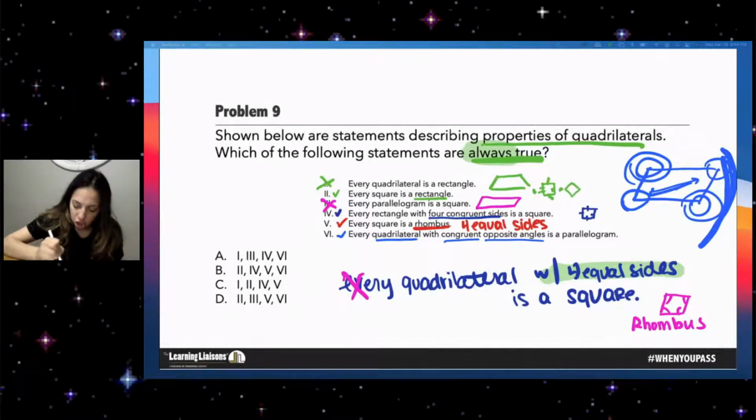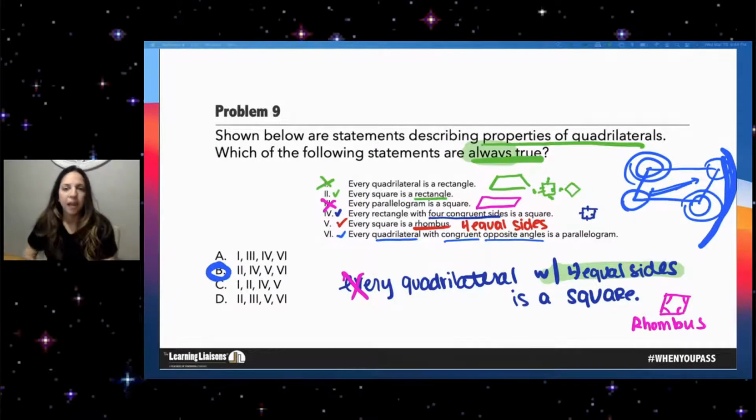So I'm looking at 2, 4, 5, and 6. However, a little strategy for this kind of problem, if you're not sure on some of them, use your answer choices to help you. So let's say you're super confident that number 4 is always true. If there's an answer choice that does not have the number 4 in it, you know it's wrong.